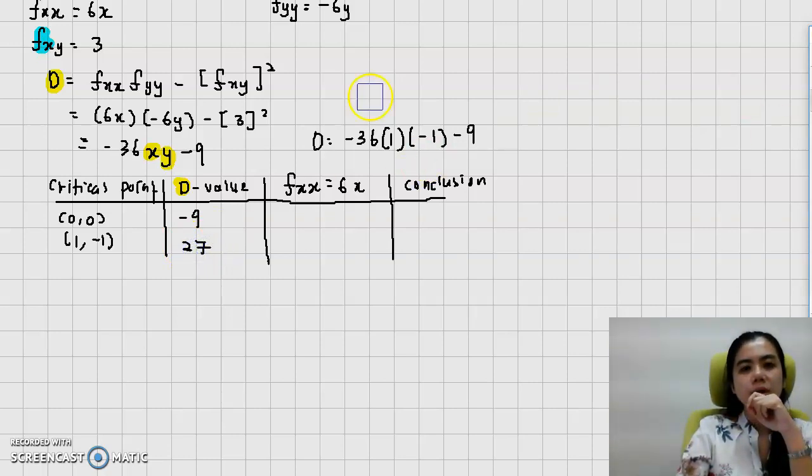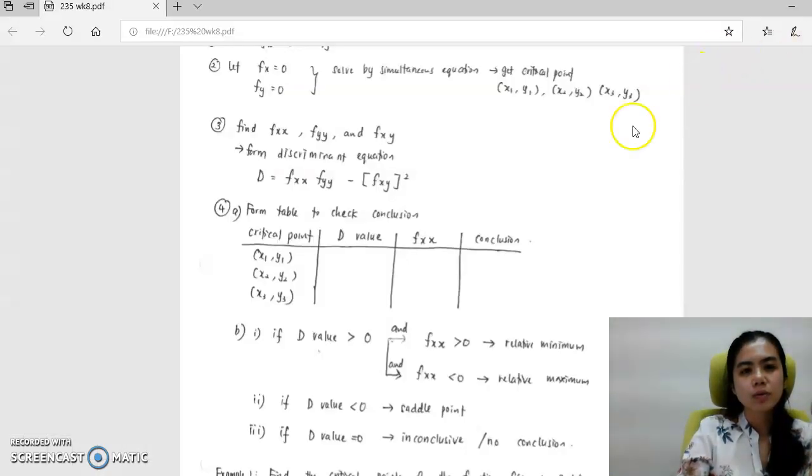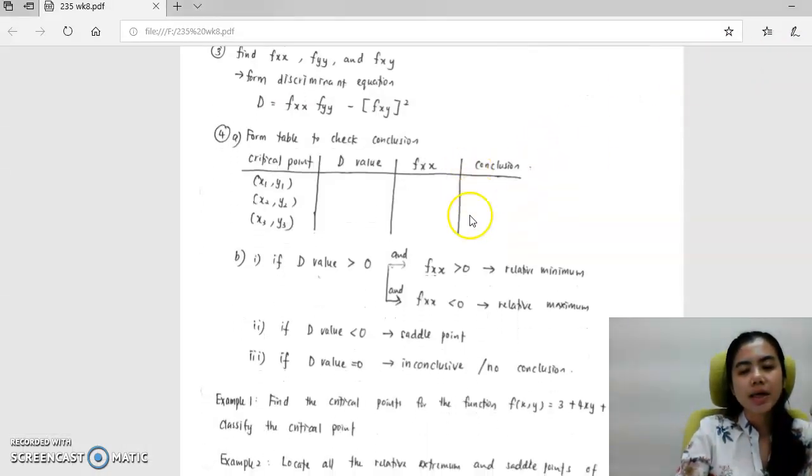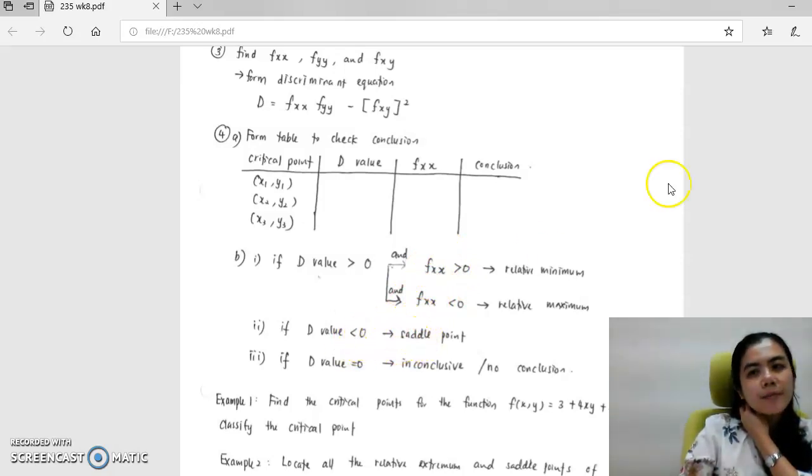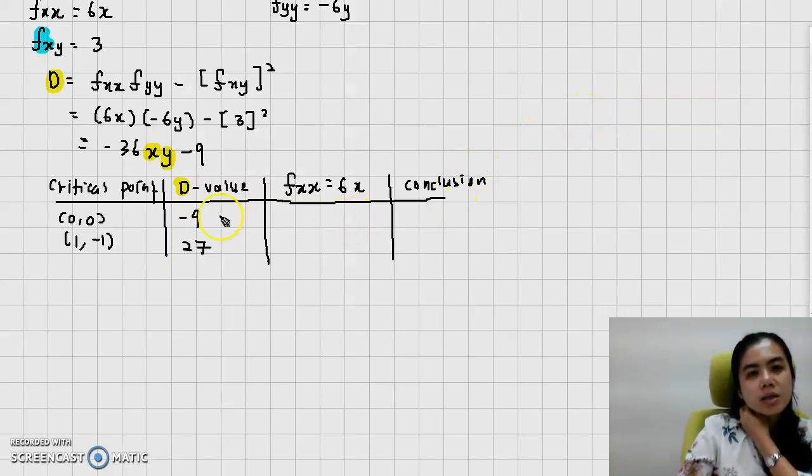Right? So once you have the D value, let's look at the flow chart one more time. It says that if you get a D value that is less than 0, you don't have to do this one. Directly we go to the conclusion. We say that it's a saddle point. So in this case, you have a D value less than 0.